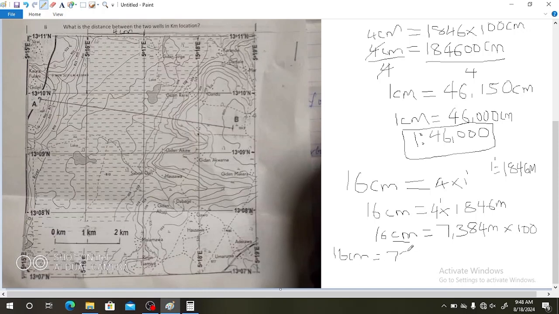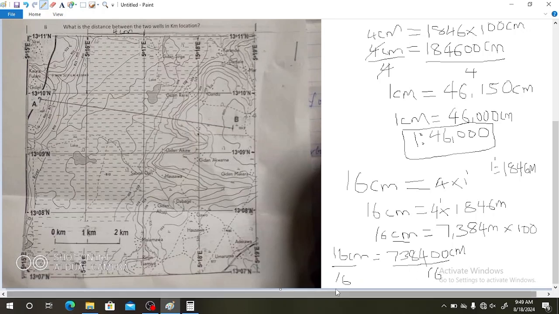This will give me 738,400 in centimeters. Divide both sides by 16 to get the lowest fraction.